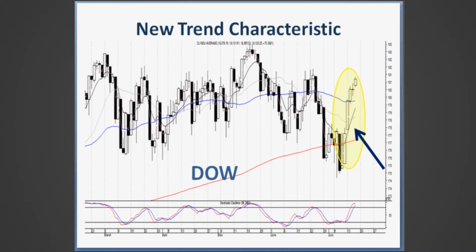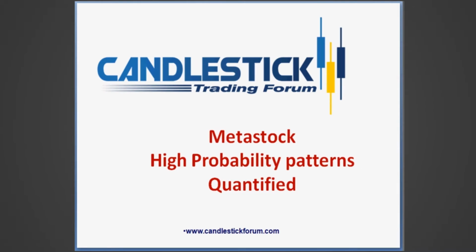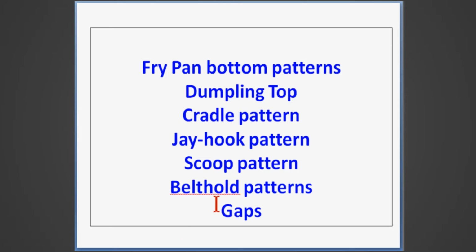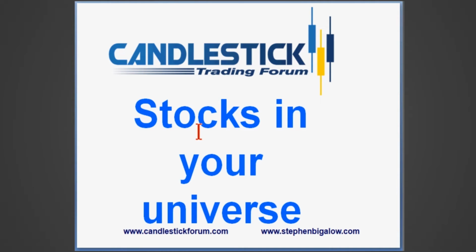So knowing that, MetaStock and I have been working together for a couple years to get all the formulas done up, so you can find the signals, find the different patterns, and you can do it in the universe of the type of stocks you'd like to trade.